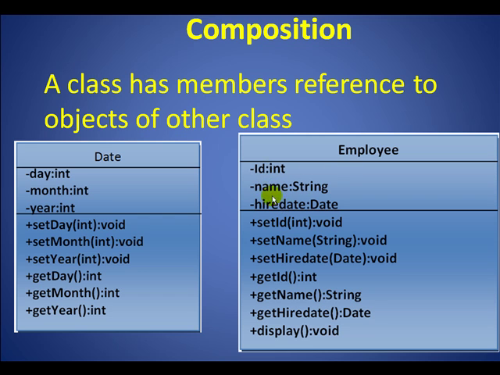Hire date is a data member of the class Employee, but this data member is an object of type Date. So the relationship between class Employee and class Date is called composition because the Employee class has a data member which is an object of type Date.